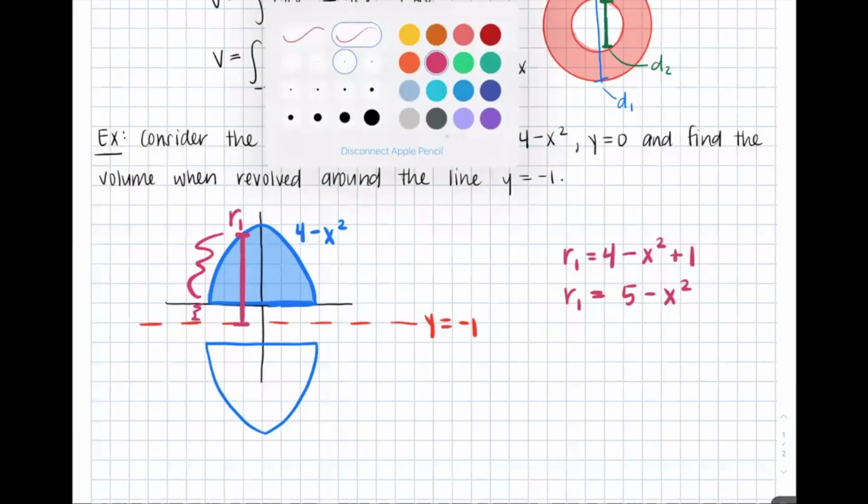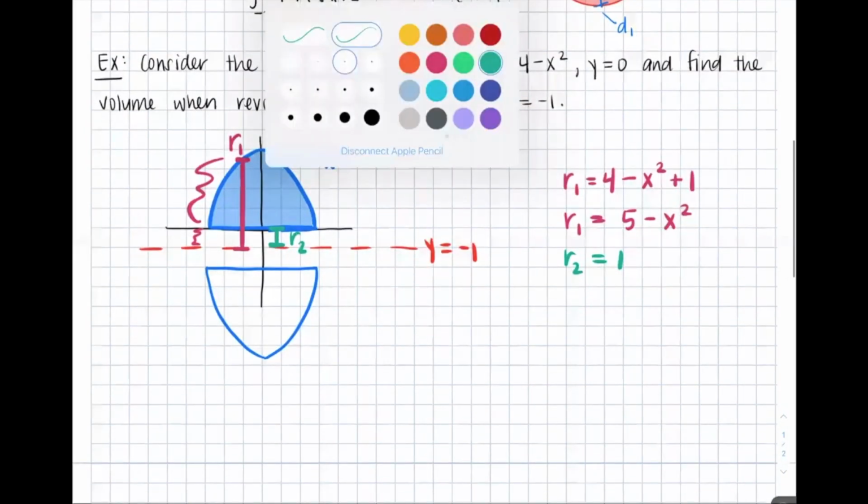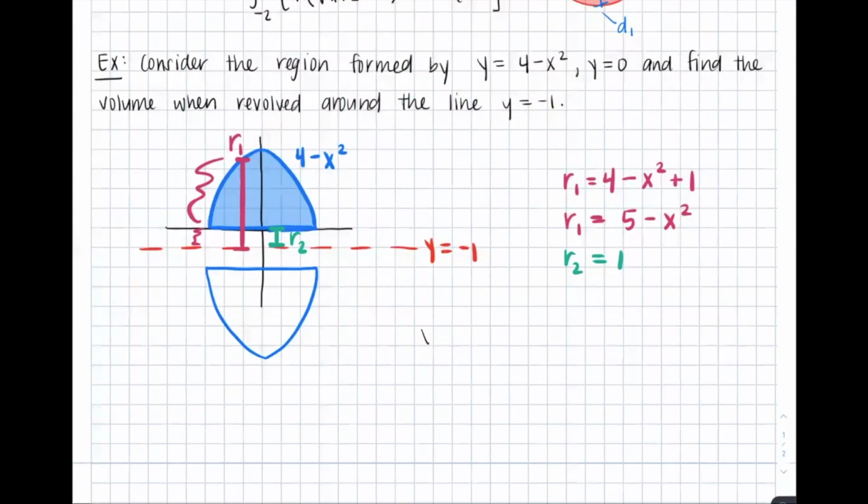And then r2 is going to be just this space. So what is r2 equal to again? It's just 1. And so now we can find the volume. Again, I'm just going to set up the integral. I'm not going to evaluate any of them today. What are the limits of integration? Where does this function, 4 minus x squared, intersect with the line y equals 0?